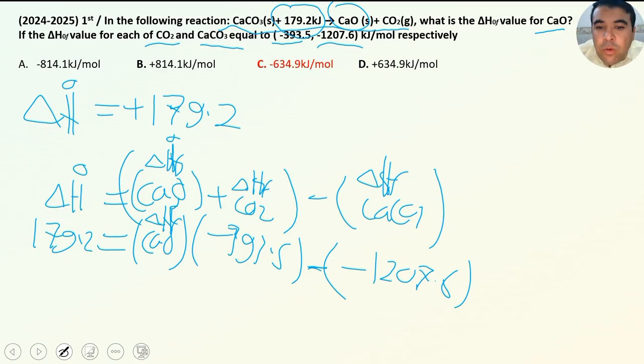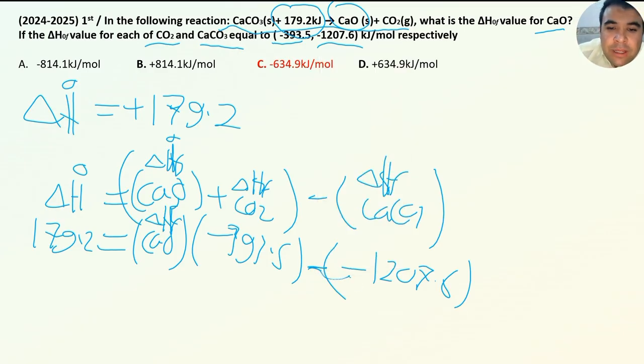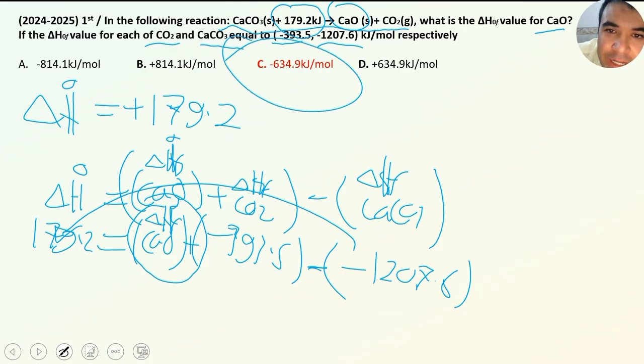And then when we multiply this to that, it will be positive. Take that positive to the other side, and then the CaCO3 delta HF plus negative that number. Take the negative to the other side, it will be positive. So you will be calculating the delta HF of CaO, which is C, the correct answer, guys.